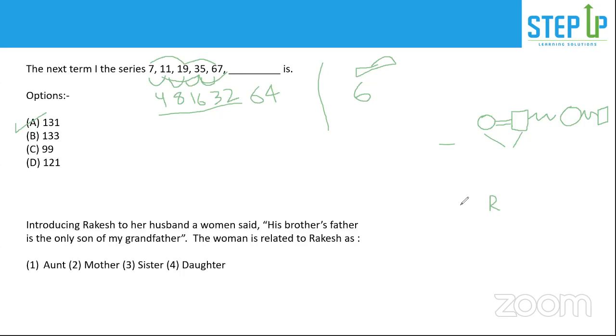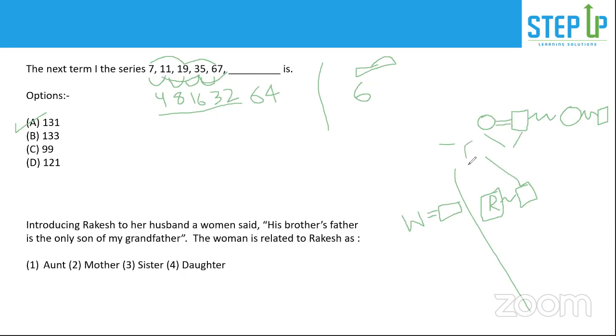Let's say this woman is here, and she points to Rakesh and says his brother's father. Rakesh is also a man, because she says his brother. Correct. So his brother, his brother's father.